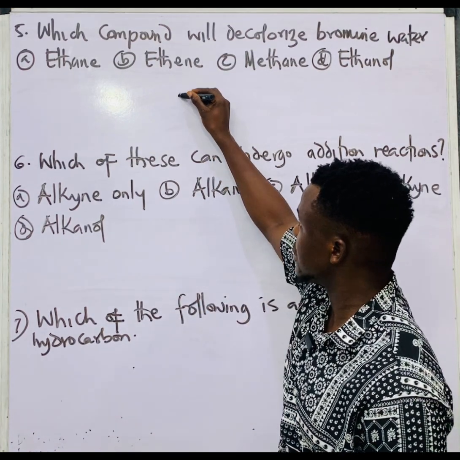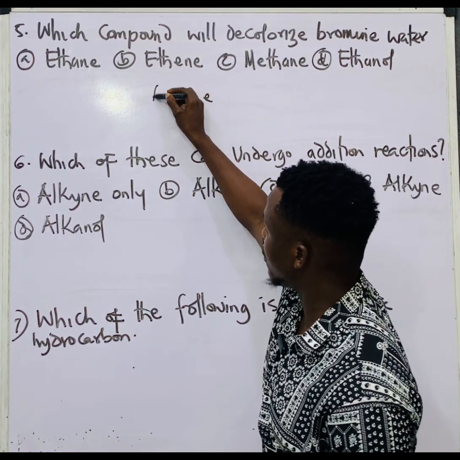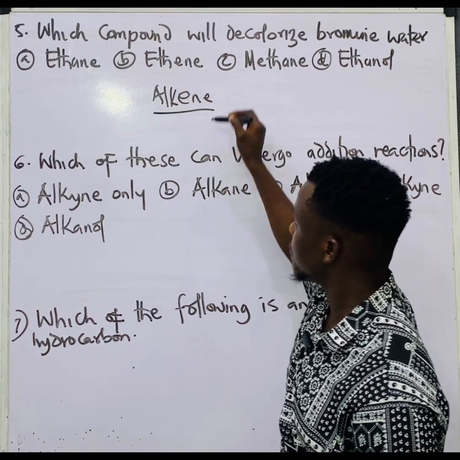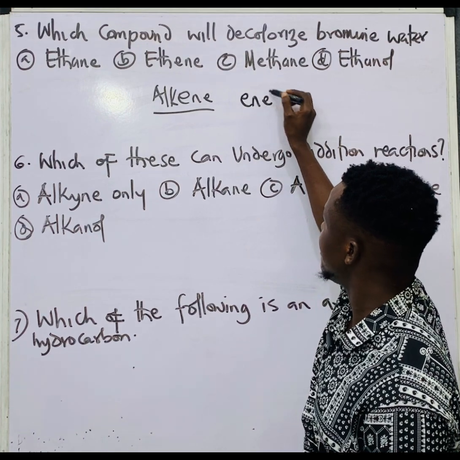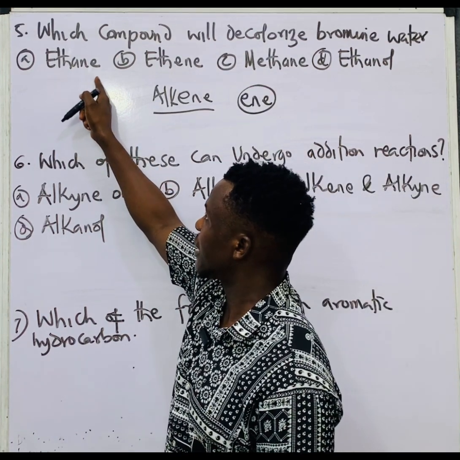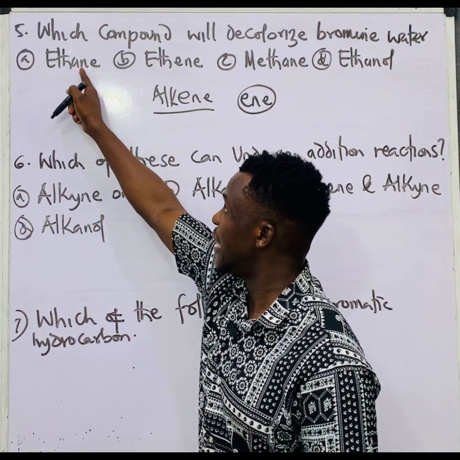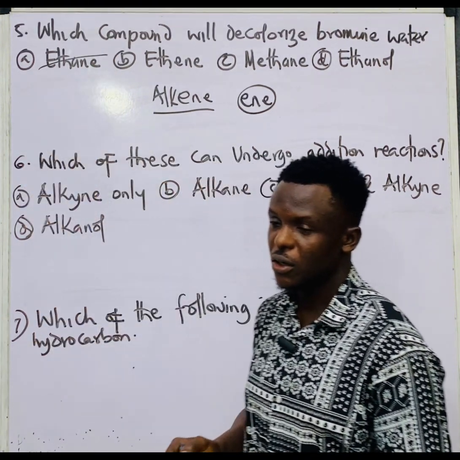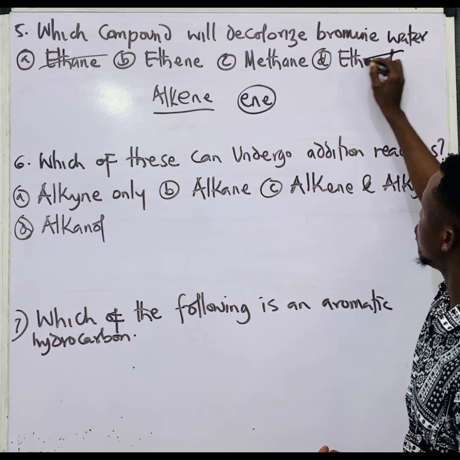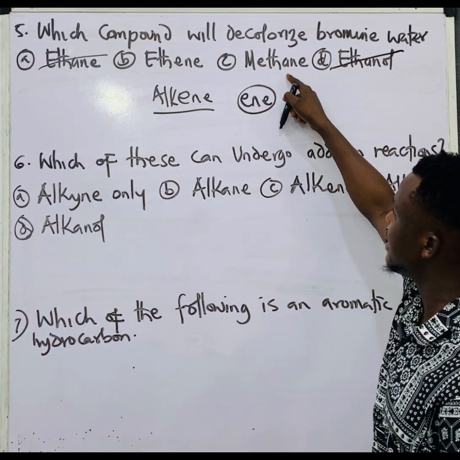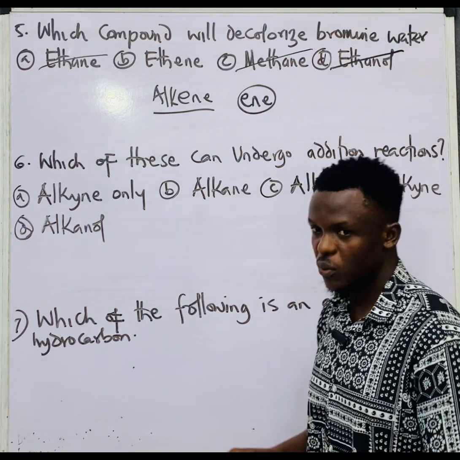And obviously, compounds that contain a double bond are always alkenes. Right? So you look out for the compound that ends with ENE. This guy is an alkane because it's ending with ANE, so this will not decolorize bromine water. This is ethanol. Ethanol will not decolorize bromine water. Methane is an alkane. It will not decolorize bromine water.